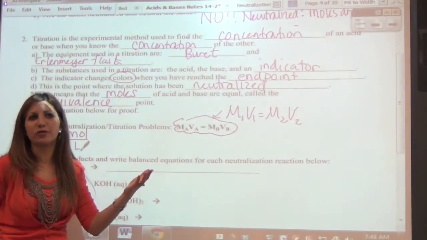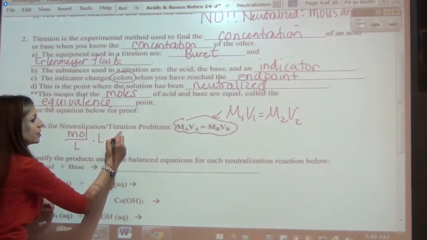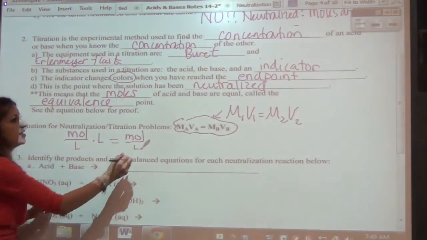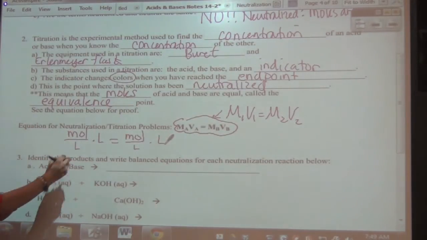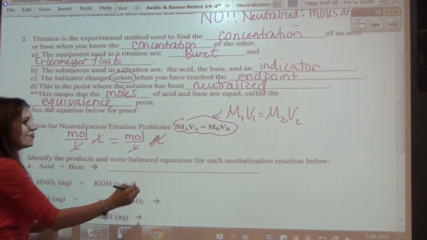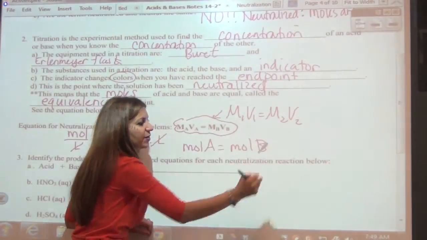We said milliliters were okay, but what should we be using? Liters. Times liters equals MB, which is the moles per liter of my base, times the volume of my base. What happens? Liters cancel out in both situations. And what you're left with is moles of acid equal to moles of base.